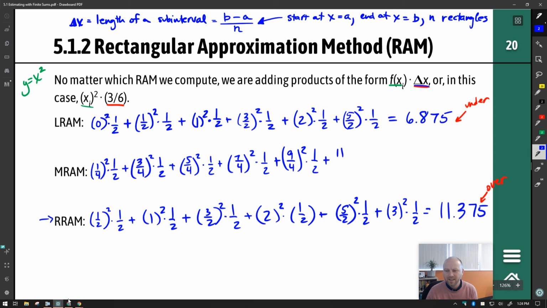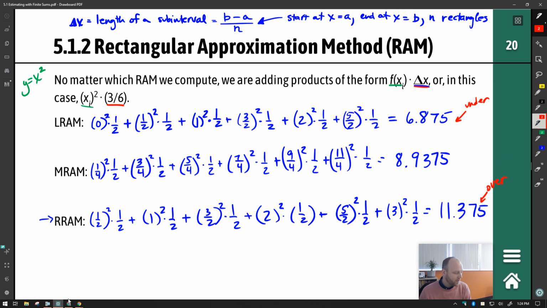And finally, 11/4 and square it and multiply by a half. And this turns out to be 8.9375, a much, much better approximation of the area. We knew it was somewhere between 6.8 and 11.3. Well, 8.9 is kind of right in the middle of those two.